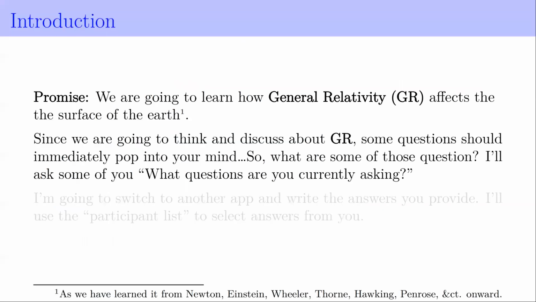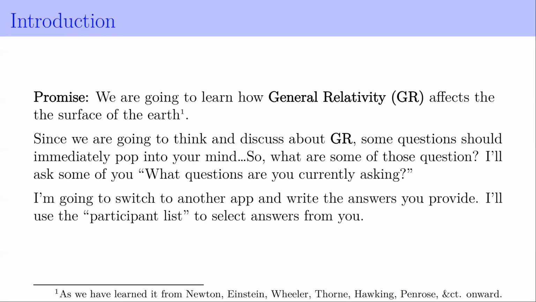Okay, so we're going to be thinking about general relativity. So some questions ought to immediately pop up into your mind. What do you think some of these questions should be? They should be very similar to the ones we talked about in special relativity. So I'm actually not going to go to another app.